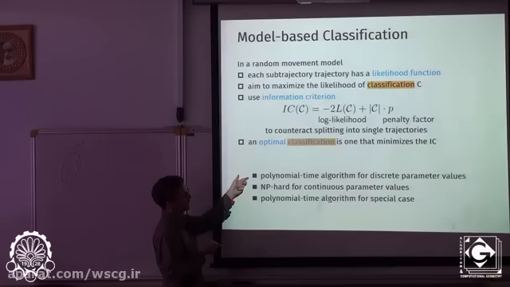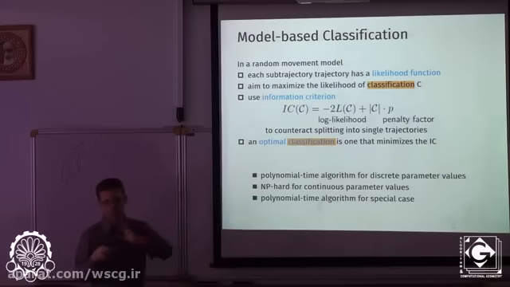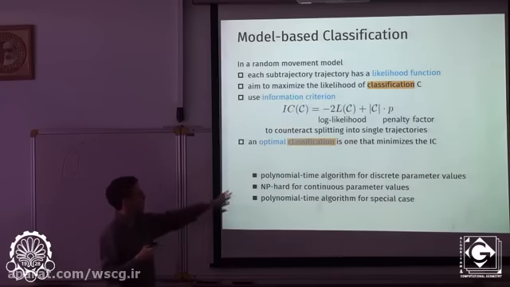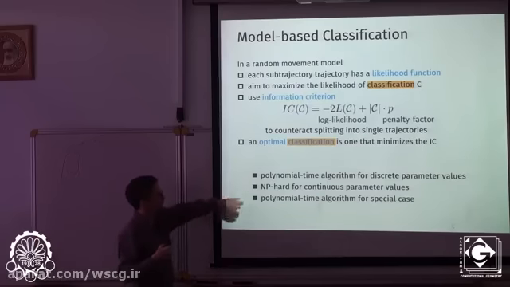if we have only a discrete number of parameter values that we allow to use, so essentially if we say instead of having a continuous range of values, we're going to sample the space, so then I get this discrete number of values that I might want to fit to. Then we get a polynomial time algorithm.